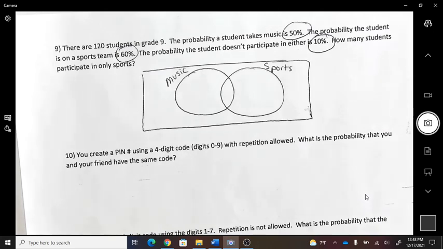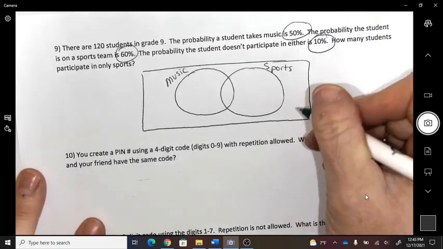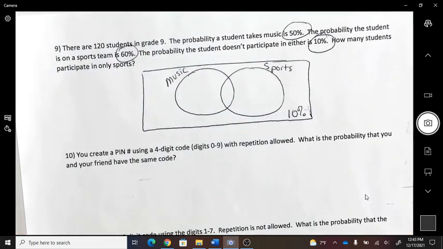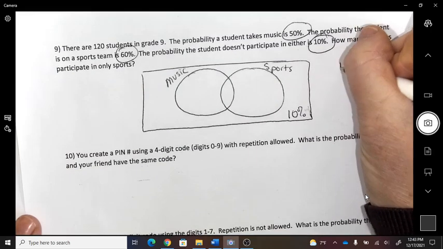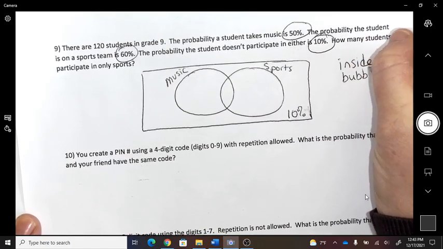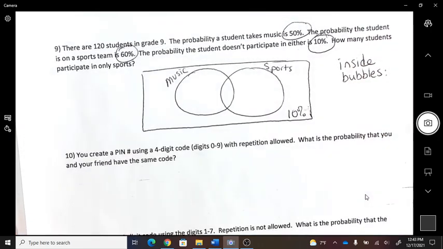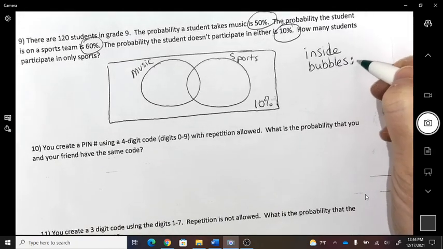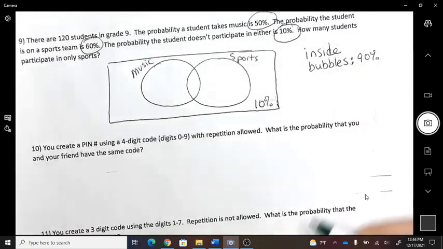So the probability that they don't take either is 10, so that's going to be on the outside of the bubbles. Okay, what's the percentage inside the bubbles? I'm going to need 90%, right?